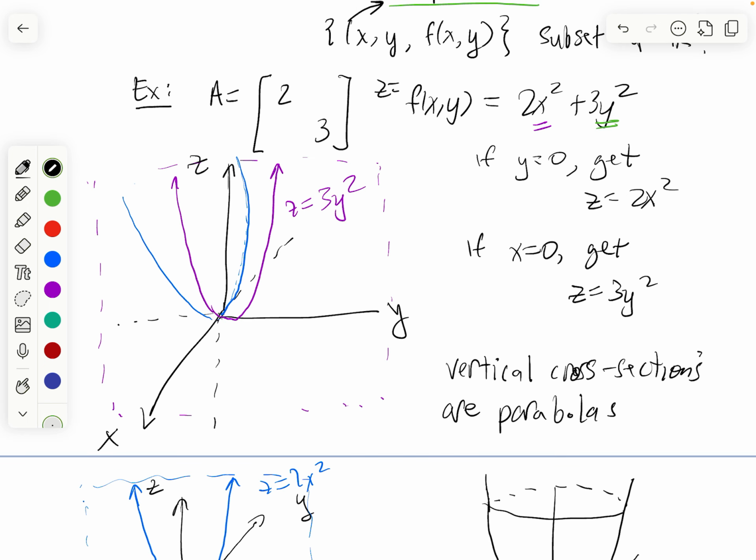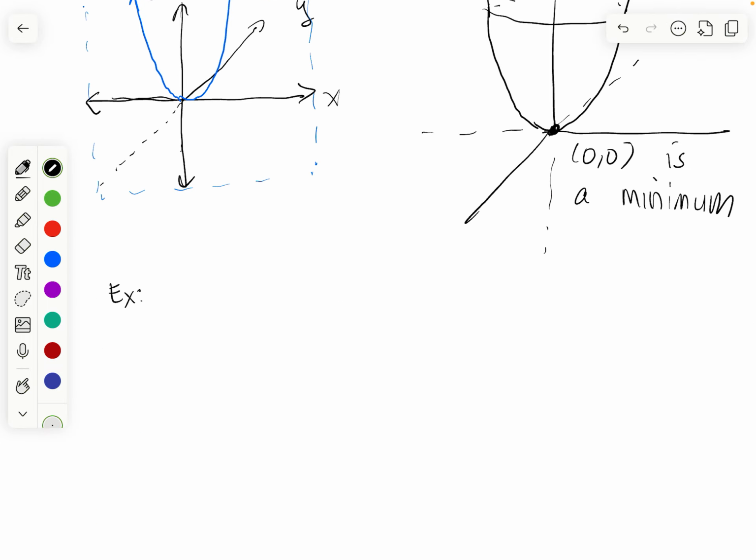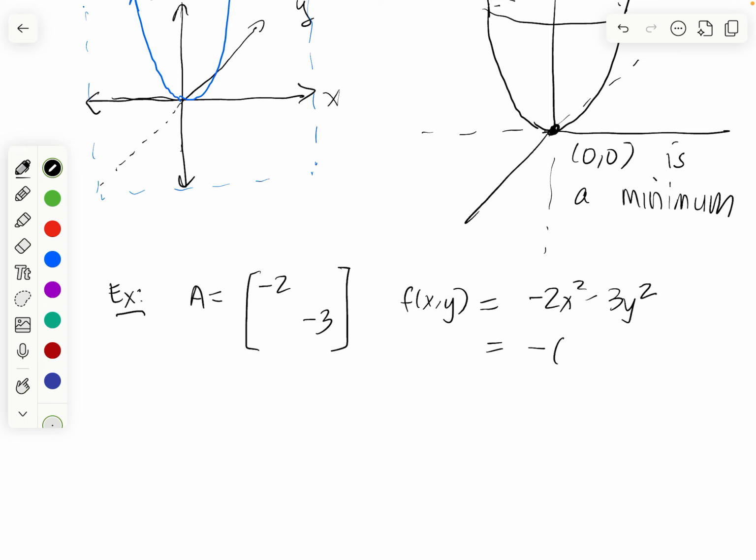This diagonal matrix. Let's take a look at another diagonal matrix where you take A to be -2, -3. Well, in this case, the quadratic form is f of xy equals -2x squared minus 3y squared. And that's just, you factor out the -1 and you get 2x squared plus 3y squared inside. So this is z equals negative what we had before.